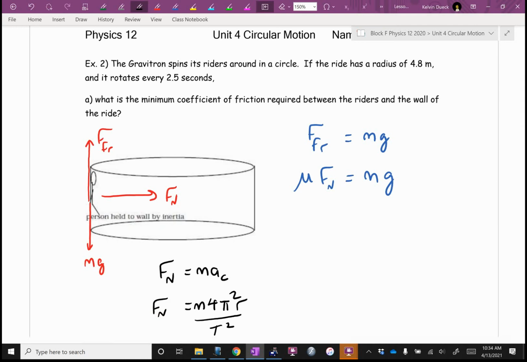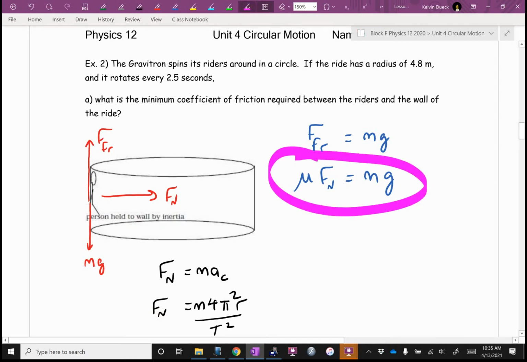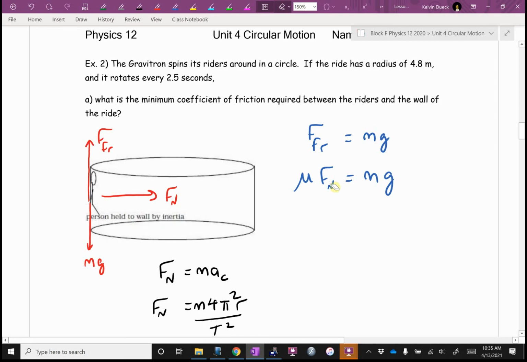Now I'm going to rewind time back to this equation again. I don't know the normal force. Oh, but look. I know another force the same size as the normal force, not mg: m 4 pi squared r over t squared.